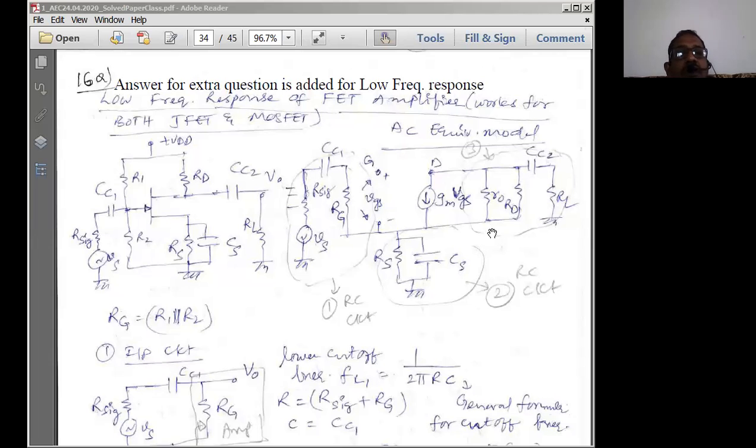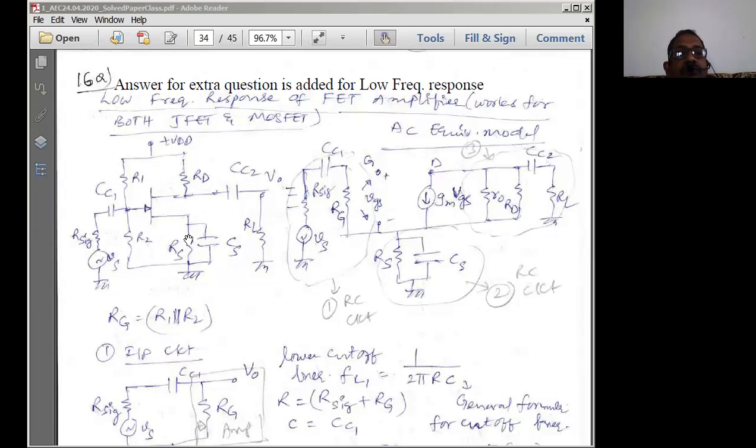Now you can see other resistors called RD, which is the drain resistance connected in parallel to the R0, which is the internal output resistance of the transistor. And next followed by the coupling capacitor CC and then the load resistance RL. So all the elements which are connected to the transistor will be as it is connected here.